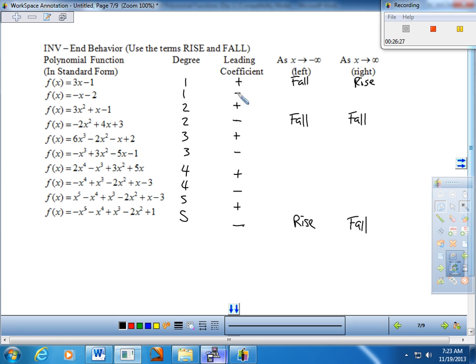Degree 1, negative leading coefficient, should be rise, fall. Degree 2, a parabola with a positive leading coefficient, should be rise, rise. Degree 3, leading coefficient is positive, should be fall, rise.